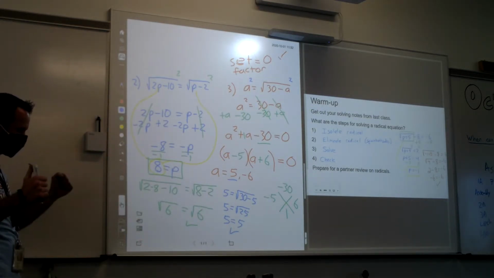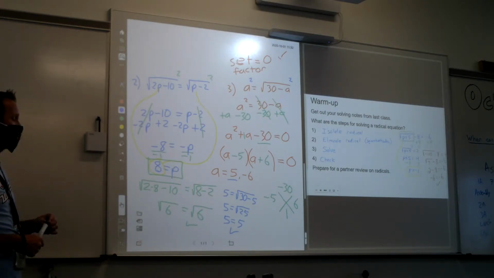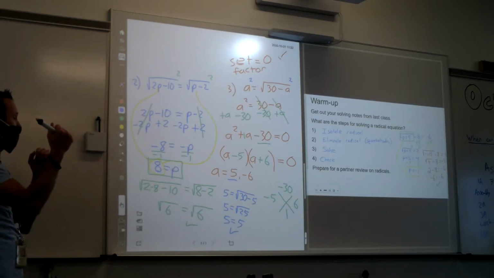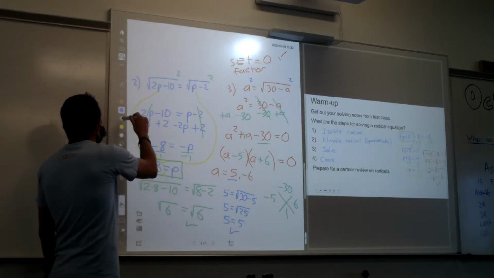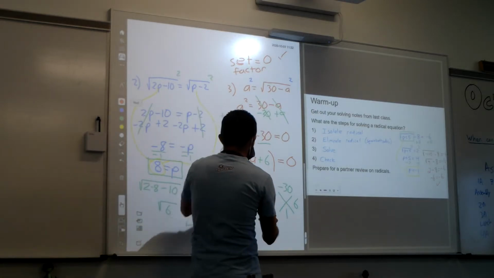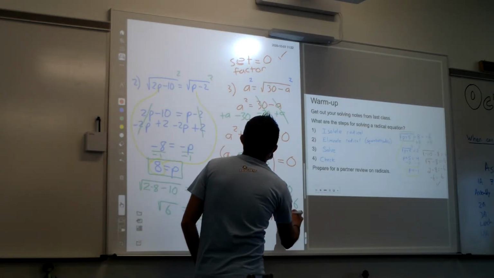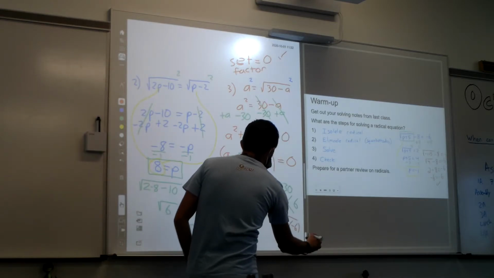Awesome. So does that mean 6 is not? It is possible to get one and the other, that they both could work. It's possible that both could not work, and it's possible you could have one or the other. It kind of depends. So let's try this one out. Now I'm going to do negative 6. Is negative 6 equal to the square root of 30 minus a negative 6?